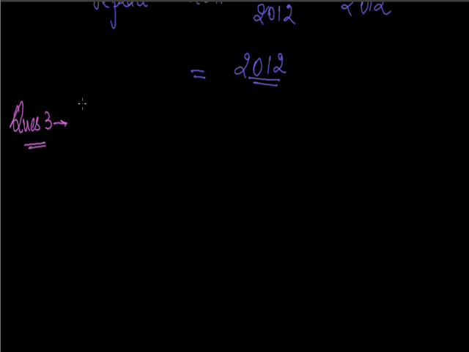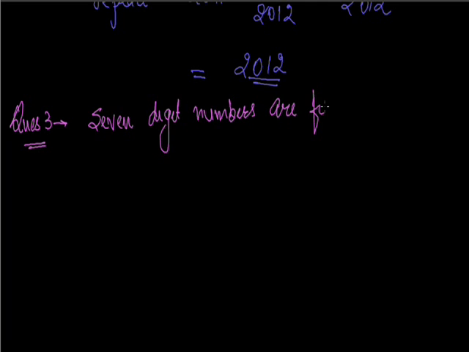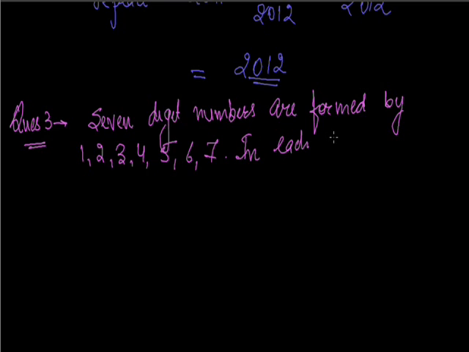The third question: 7-digit numbers are formed. We are given the digits 1, 2, 3, 4, 5, 6, 7, up to 7 digits, and we have to form a 7-digit number, and it is given that in each number no digit is repeated.